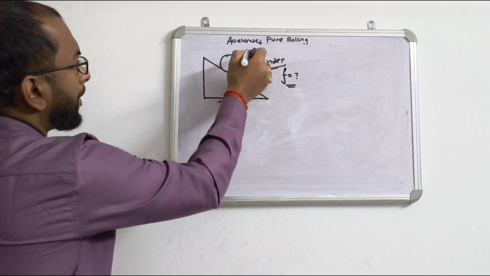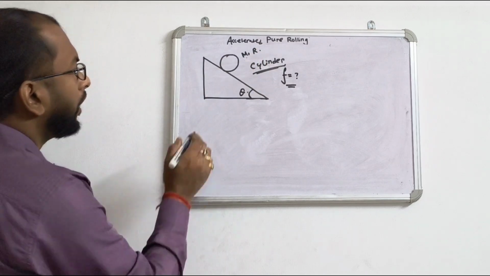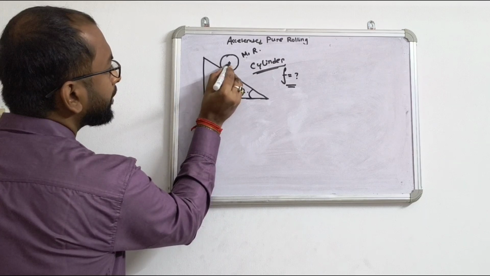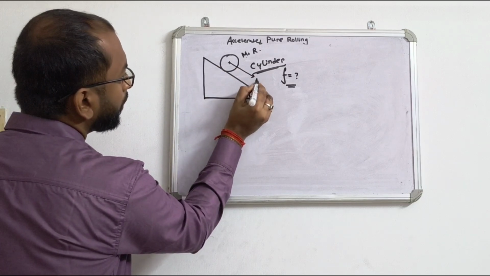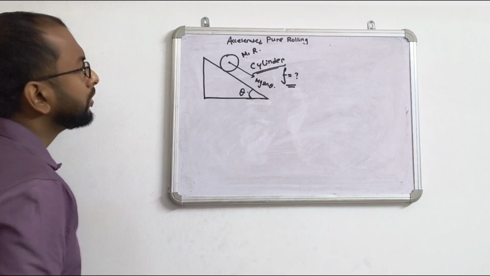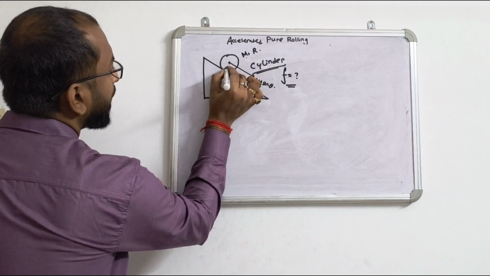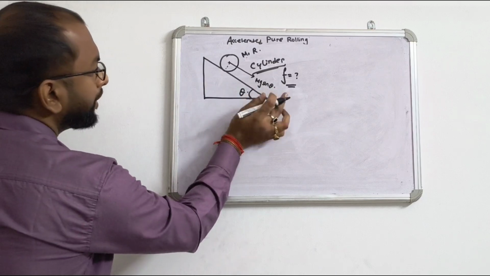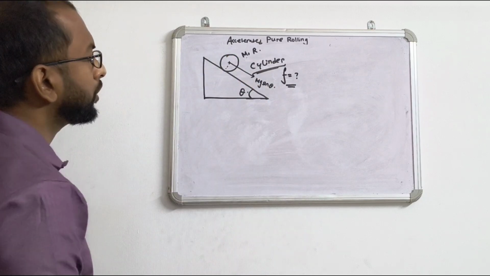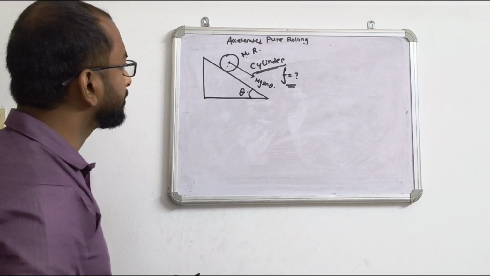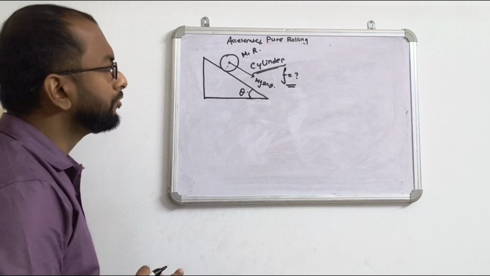If its mass is capital M, the net downward force acting along the incline is mg sin theta. And of course mg cos theta is acting, but it is not required because due to this mg sin theta component of the force only, it is moving downward with some acceleration. Then what will be the direction of the friction force?